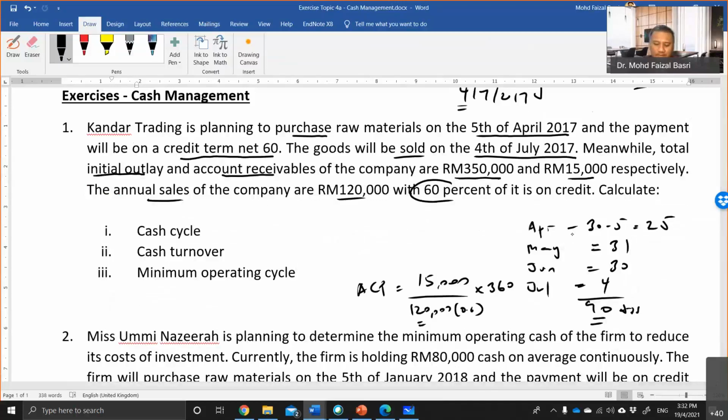So 15,000 divided by 110,000, 60% times 360. So here we have 75 days of ACP. So the average collection period is 75 days, based on the information given in the questions.